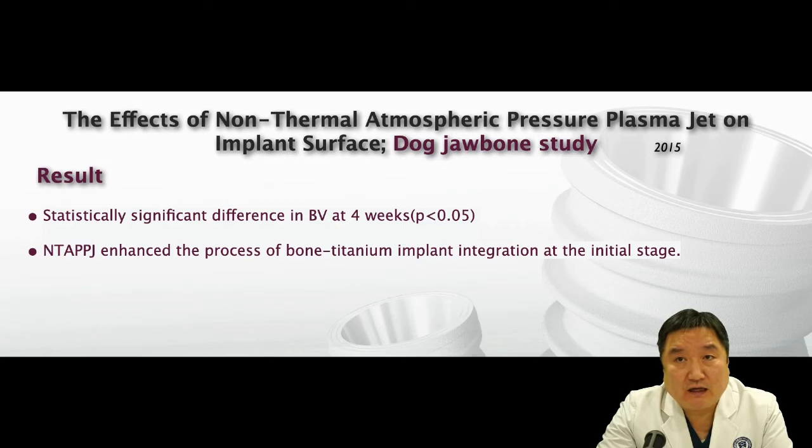So I was able to come to the conclusion that either UV or non-thermal plasma, as long as it gives enough energy to the titanium surface, it reactivates the surface of the titanium implant. I like to say it is rejuvenating the degraded surface. So it restores the bioactivity of the titanium implants.